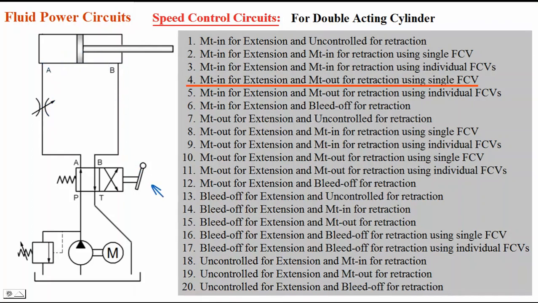When I keep the lever in the second position, P to B, A to T connection is made. Oil starts flowing from P to B to the rod end port of the cylinder, and from the head end port of the cylinder oil is coming out, and this oil is also flowing through the same flow control valve. So it is oil which is coming out from the cylinder during retraction.